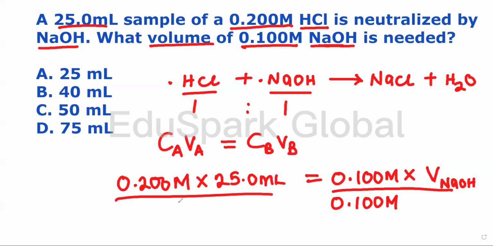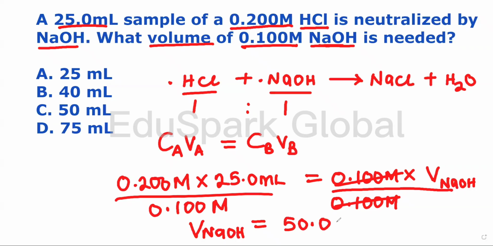So the 0.100 molars cancel out, and then VNaOH would simply be 0.200 times 25 divided by 0.100 molar, which gives us 50 ml. The molars cancel, so what is remaining as the unit is ml. So the correct answer is 50 ml, which is option C.